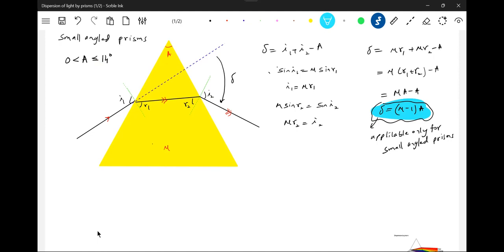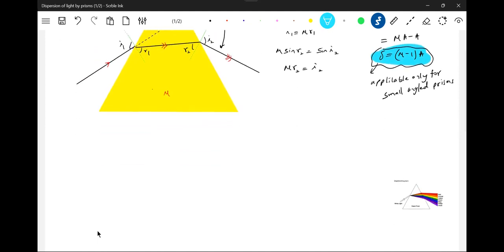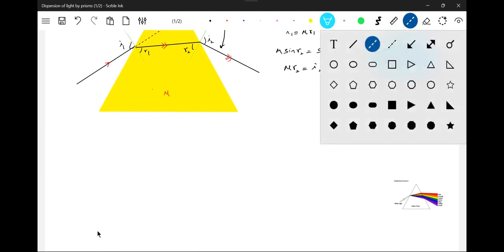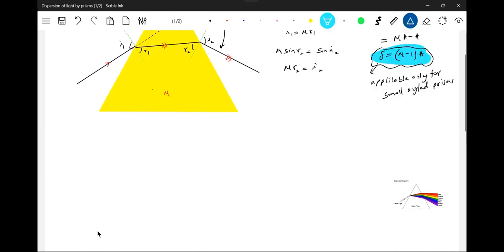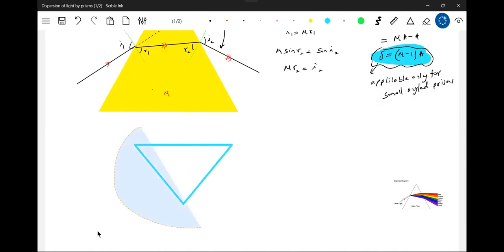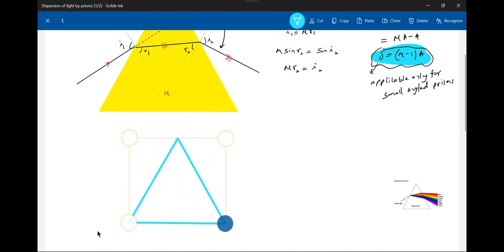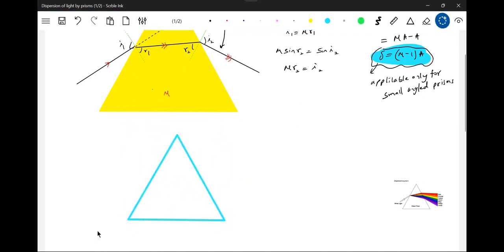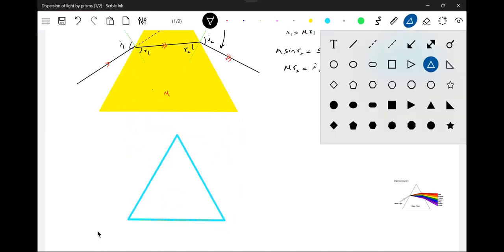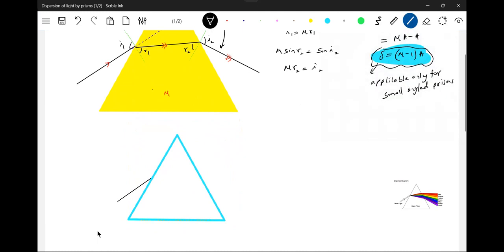Next, if the prism is a hollow prism, then what conditions will come? This is the hollow prism.